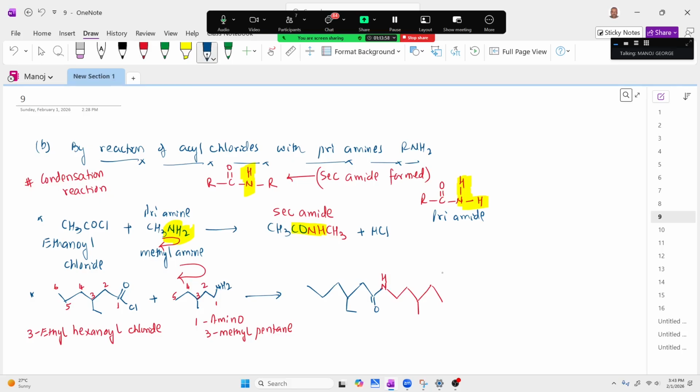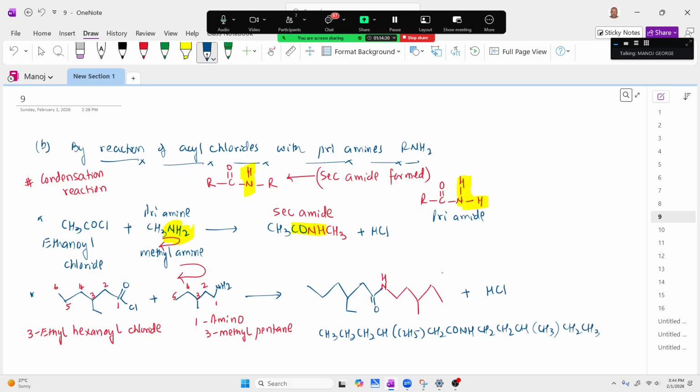Please confirm your structures. You are also able to write this in the structural formula, correct? That's CH3, CH2, CH2, CH in the bracket C2H5, and then CH2, CONH, and then CH2, CH2, CH bracket CH3, and then CH2 and CH3.